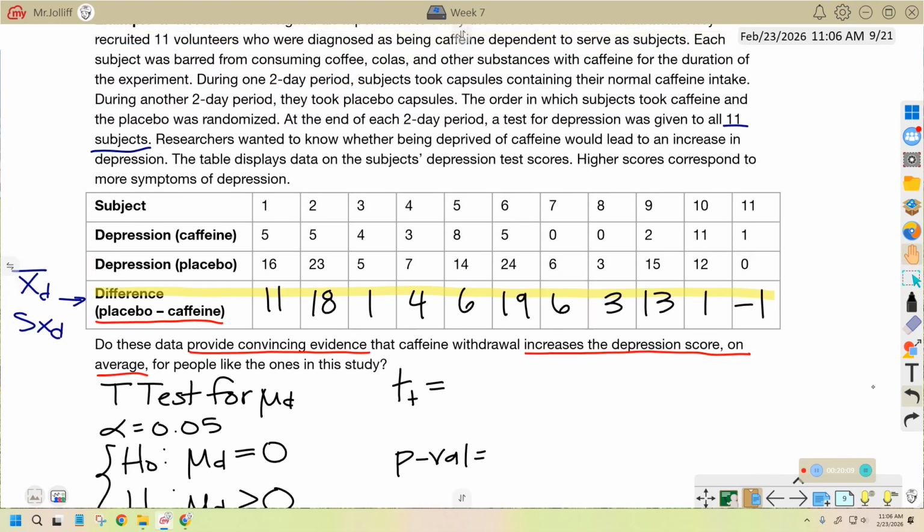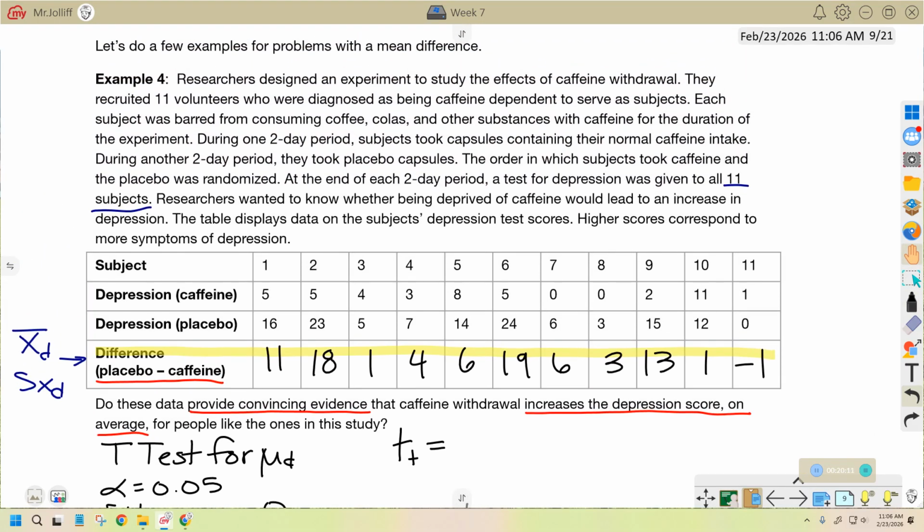Was it random sampling or random assignment? Yeah, right here. The order in which subjects took caffeine and placebo was randomized. That's random assignment. They didn't tell me where those 11 subjects came from, just that the order of placebo and treatment is random. So this is random assignment.